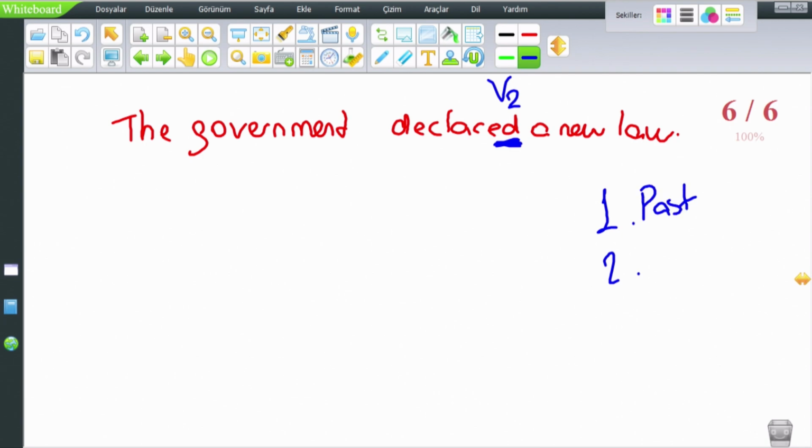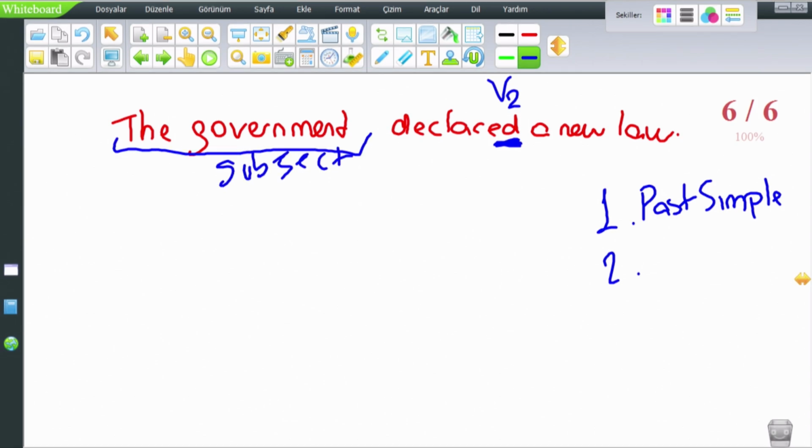So, the tense of the sentence is past simple. And the second thing I have to find is the object of the sentence. You can see that the government is the subject, declared is our verb, and a new law is the object.